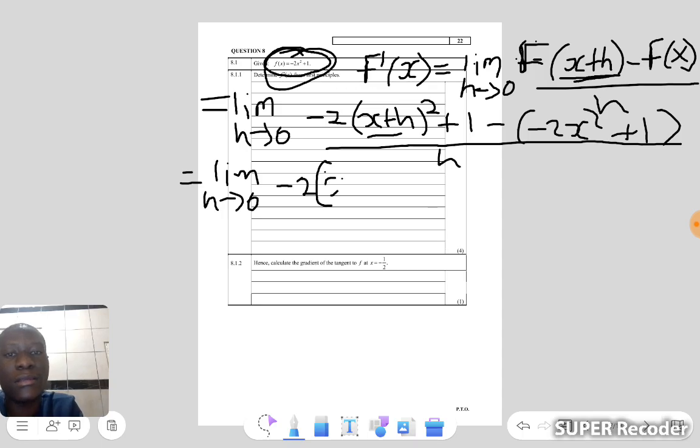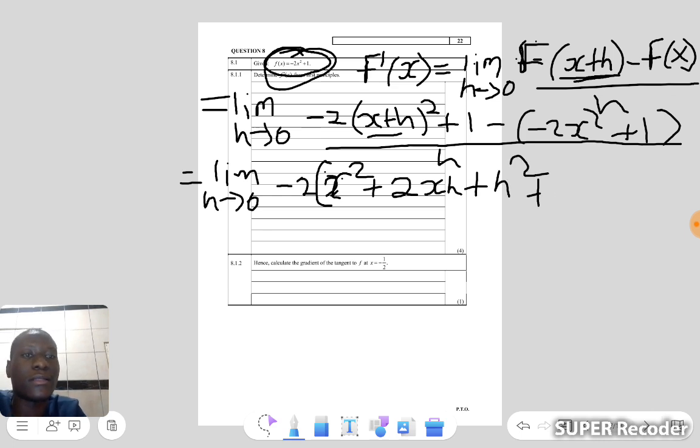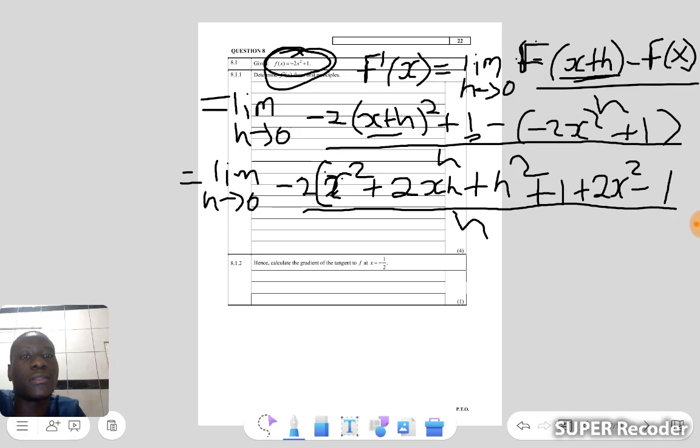It will be x squared plus 2xh plus h squared, then plus 1, don't forget. Then, simplifying by removing the bracket, this one will be positive 2x squared and this one will be negative 1, all divided by h.